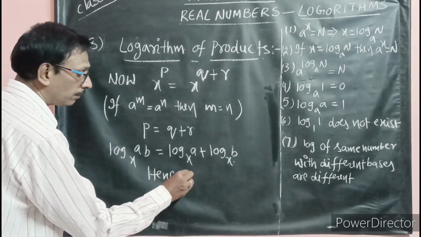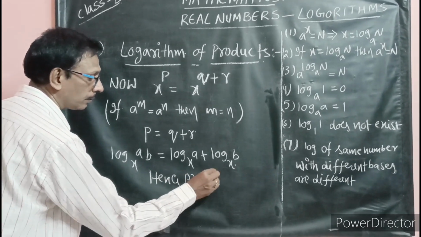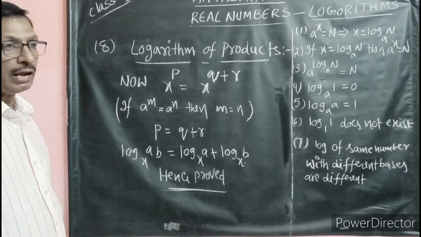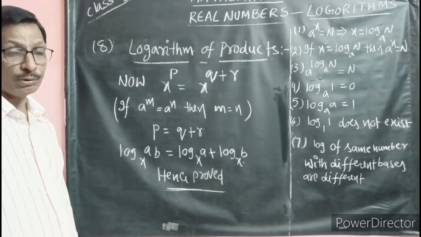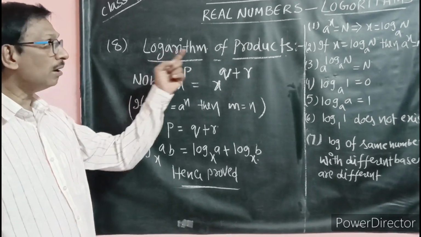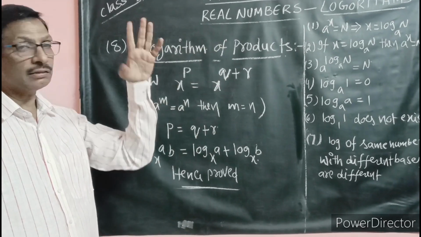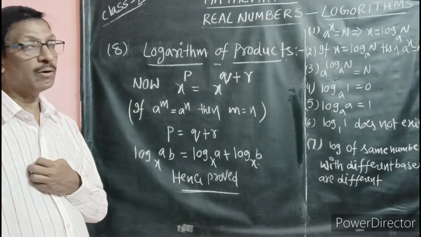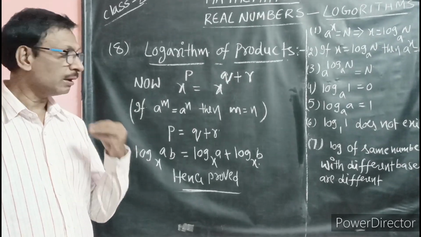Now this is the solution for log ab to the base x is equal to log a plus log b. This is called logarithm of products. Now by using this logarithm of products, we give some examples.